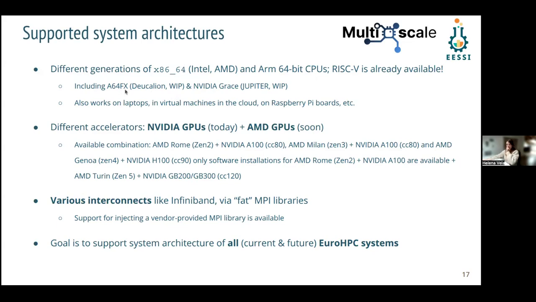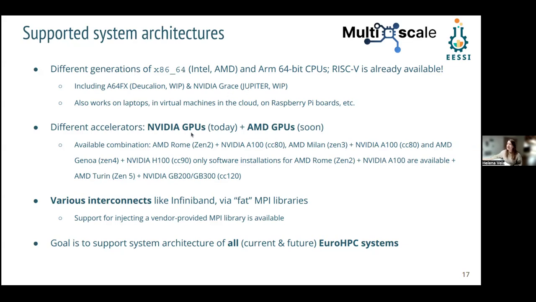So the A64FX works in Deucalion, and we also have builds for the NVIDIA Graces. So JUPITER, which is the first exascale in Europe, once it's in production, you will have the binaries already there available for you to use. And again, it's not only EuroHPC machines, you can also use your laptop, virtual machines, cloud instances, whatever. Raspberry Pi also works in there, so up to you.